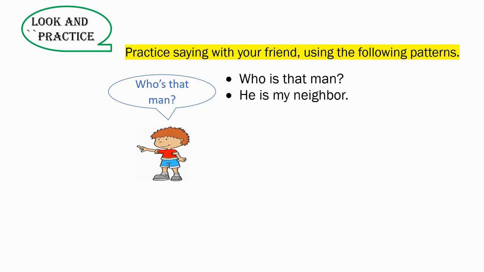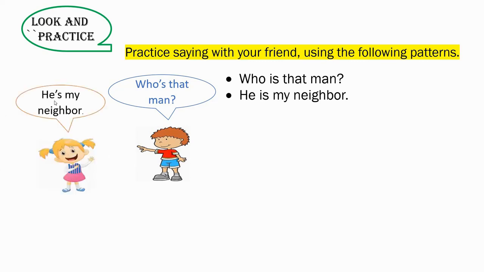Instead of saying he is my neighbor, you would say, he's my neighbor. So instead of who is that man, you could say who's that man, and reply he's my neighbor. So it's flowing. It looks more natural.